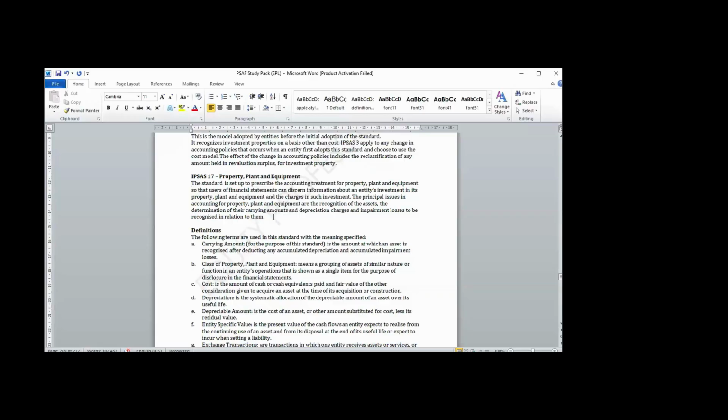The principal issues in accounting for property, plant, and equipment are the recognition of the assets, determination of their carried amount, and the depreciation charge and impairment losses to be recognized in relation to them.